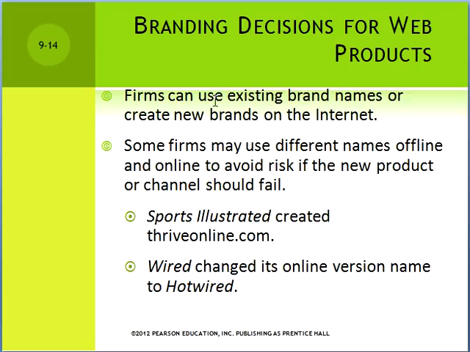Of course, the question here is why can't they just use the existing brand? Let's try to see some reasoning for that. It is much easier, of course, to use your existing brand. You bring it online. But what if something goes wrong online with your brand? In that case, it will really hurt your offline brand as well.